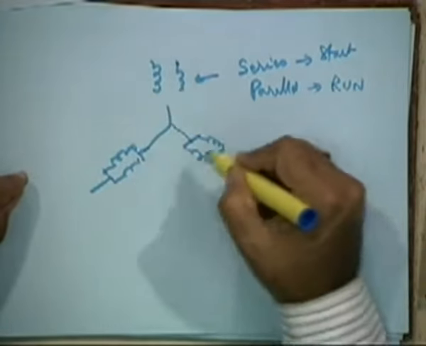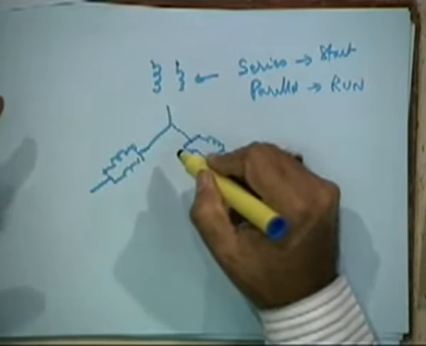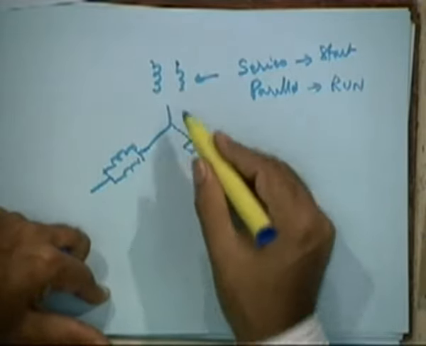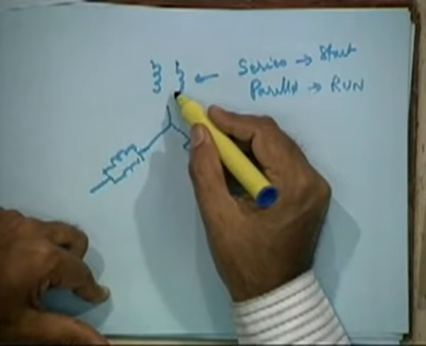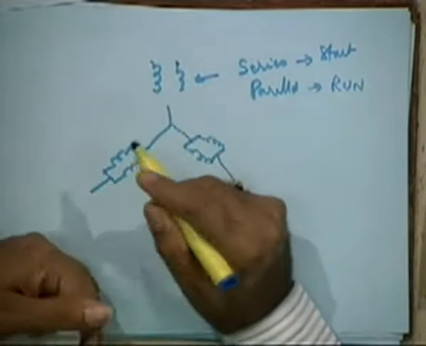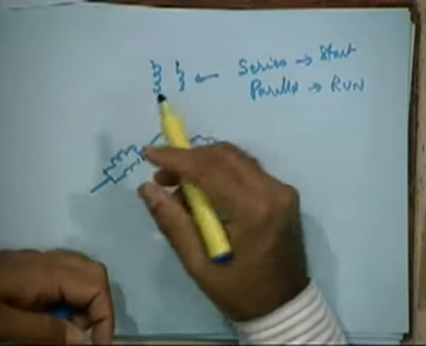Though it is an unbalanced starting, because two phases are balanced and in the third one you are only creating an unbalance, it doesn't matter, it will create some negative torque and still it does the job. Now these are some of the different variants of starting methods which are used depending upon the application and rating of the motor. Okay.